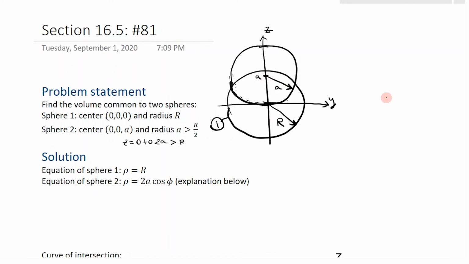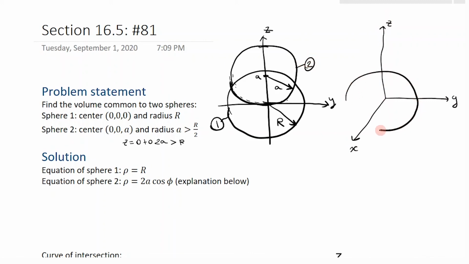The full 3D drawing would look something like this. We have sphere 1 at the origin of radius r, and then the second sphere goes something like this.